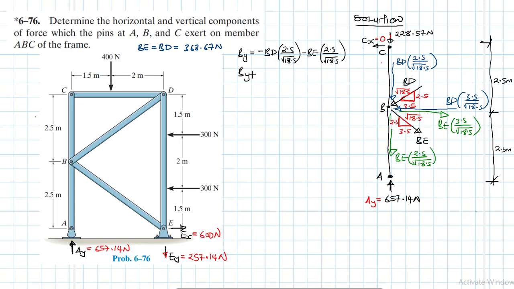So if we calculate it, it's 368.67 times 2.5, or just times 5, divided by root of 18.5. This gives us 428.57 newtons. Of course, it's a negative, which just shows that for that particular member it is pointing downwards.